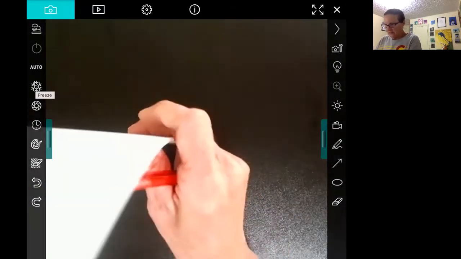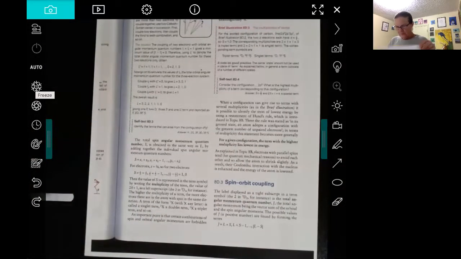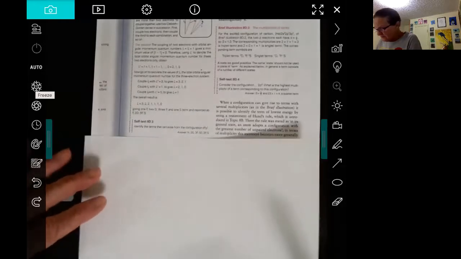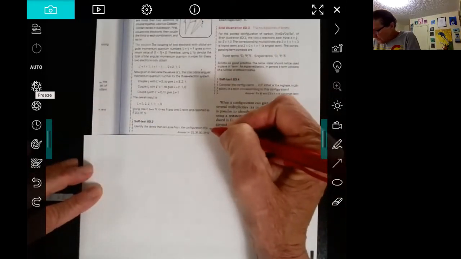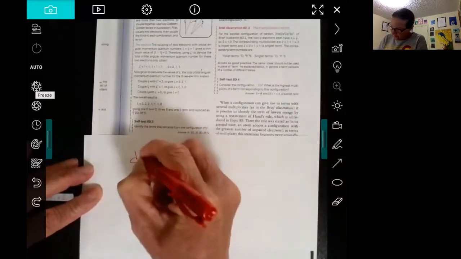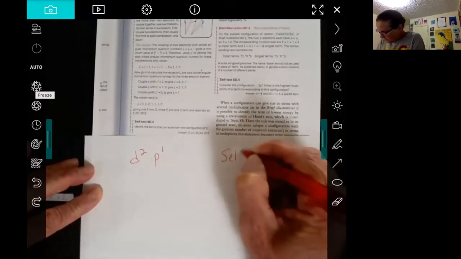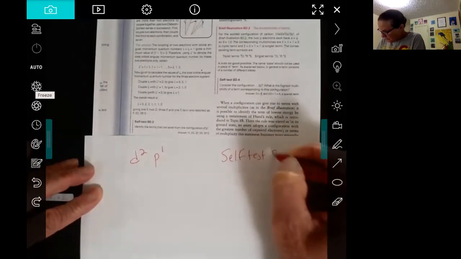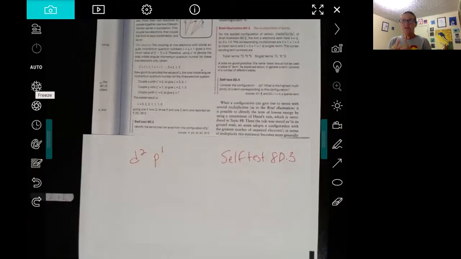And then let's do another one that's a little more complicated. So if we have this system in self-test 8D.3, we have a d2p1. And so that means we have 3 electrons, and now their 3 orbital angular momentums can align in many different ways.